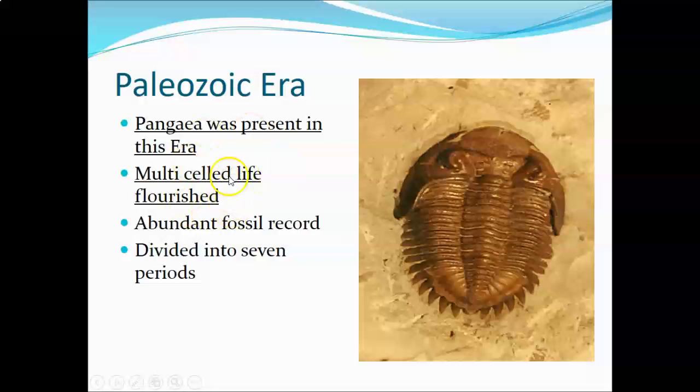So let's kind of get into our Paleozoic era. So remember, I talked about that's kind of our oldest era: Paleozoic, Mesozoic, Cenozoic. Paleozoic era is when Pangaea was present. And so that idea is that, once again, Pangaea was like our supercontinent that had all of our land masses kind of smushed together. And with the process of plate tectonics, it started to break apart. So the oceans were placed differently.